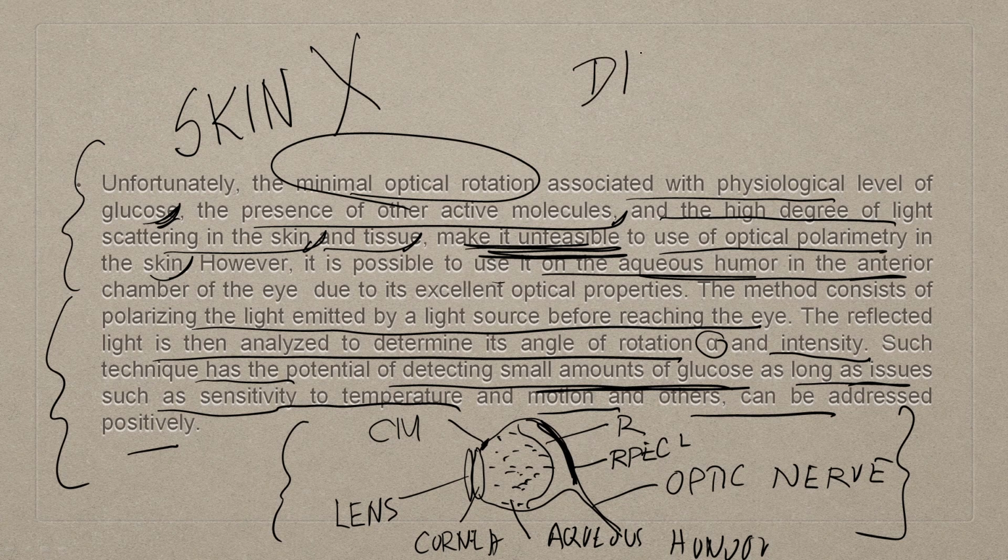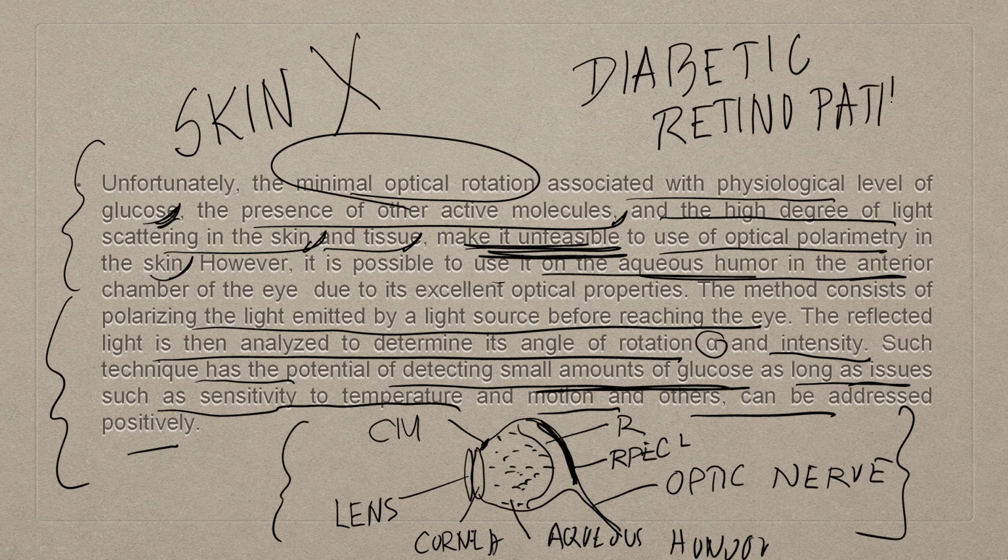There is a disease called diabetic retinopathy. Because of the diabetes, it leads to damage on the retina. Such a thing happens because behind it there are blood vessels which are supplying blood to the eyes.